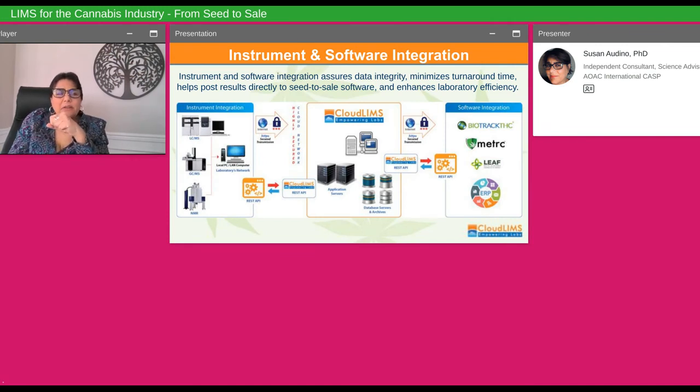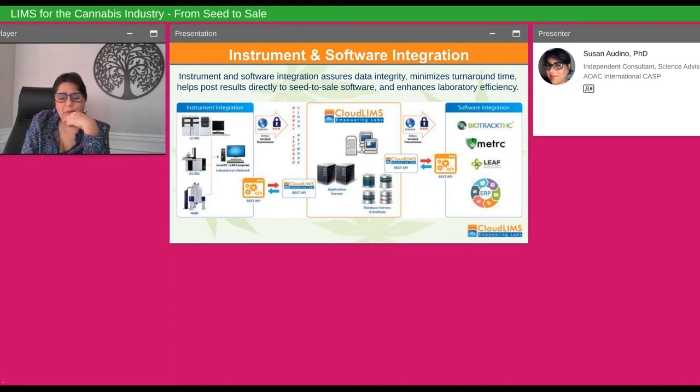Instrument and software integration. Again, this is Cloud LIMS bringing it all together for us. It is managing a workflow within the bigger workflow. So it's bringing together the instrument. And as we know, instruments are driven by software, right? We have software drivers.